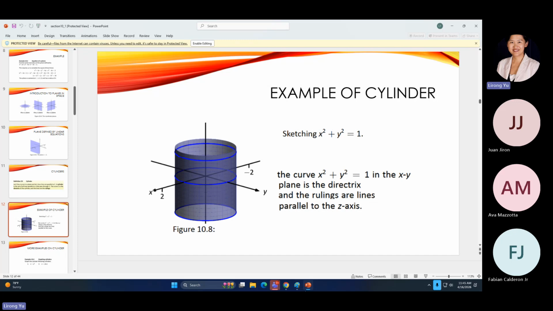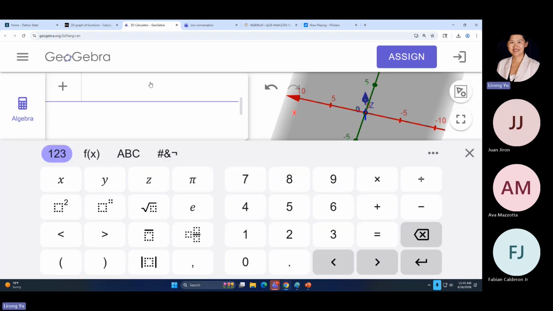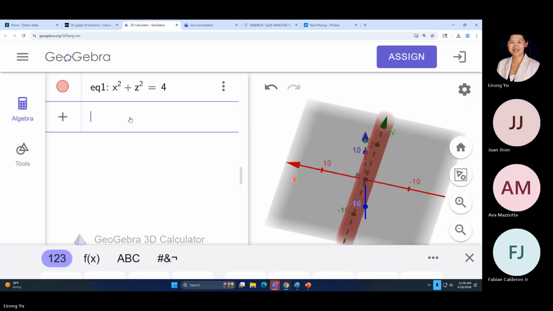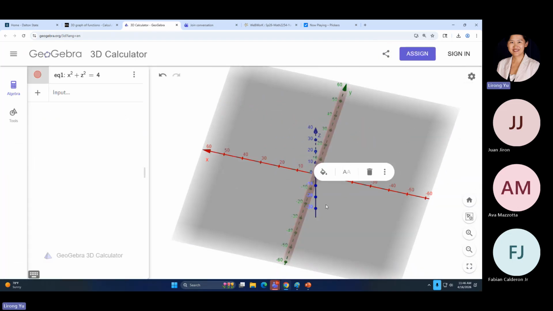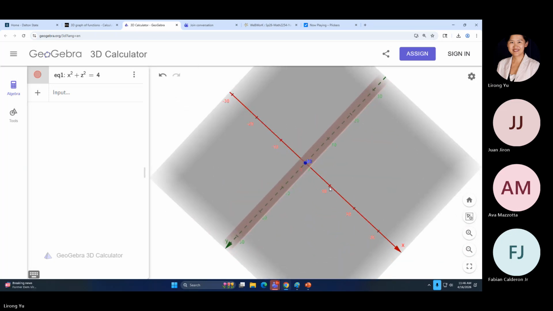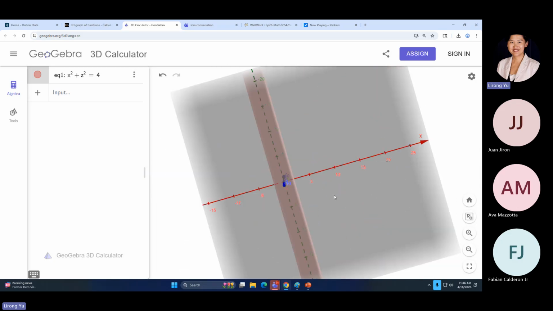Once we get the idea, you can see a cylinder doesn't have to be one form. For example, we can go x squared plus z squared equals 4. So this is a cylinder. We should try to make this size smaller. Let me enlarge this. This is a cylinder in the y direction.